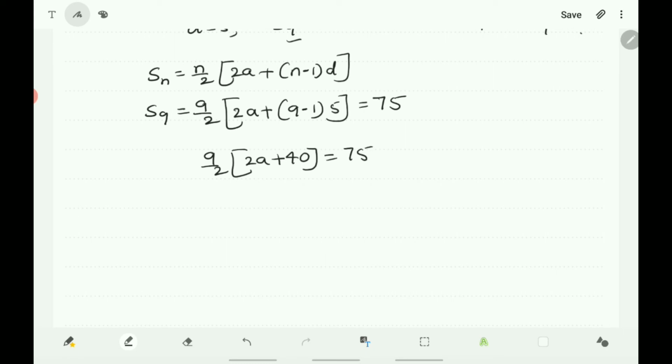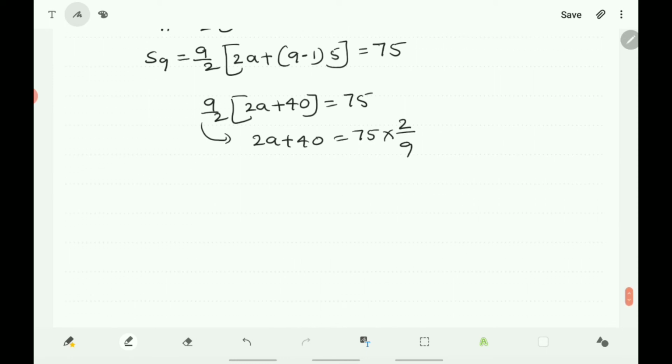So you transfer this 9 by 2 to the RHS, that becomes 2a plus 40 is equal to 75 into 2 by 9. Then 2a plus 40 is equal to 150 by 9.